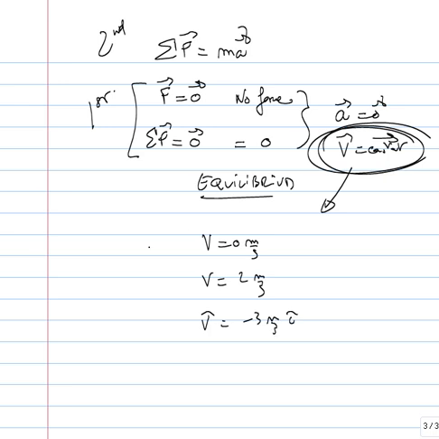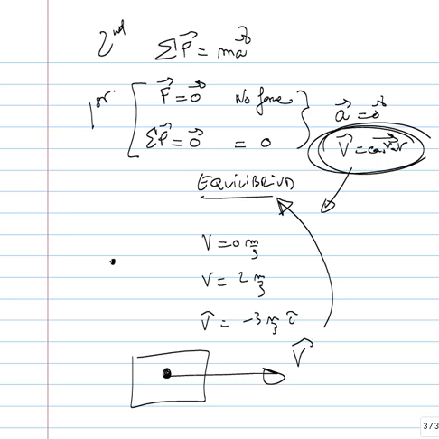If the sum of the forces is equal to 0, this velocity magnitude doesn't change. So a system could be moving at constant velocity, it would still be at equilibrium. Or this system could be at rest, and again, this system would be at equilibrium.